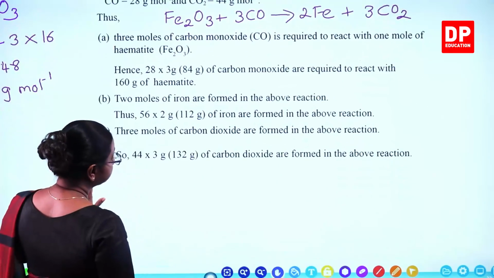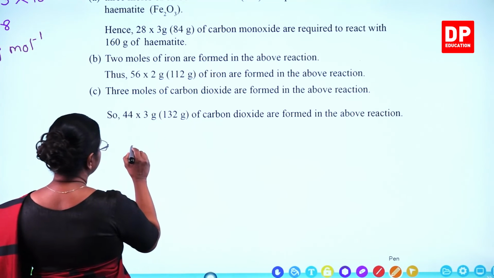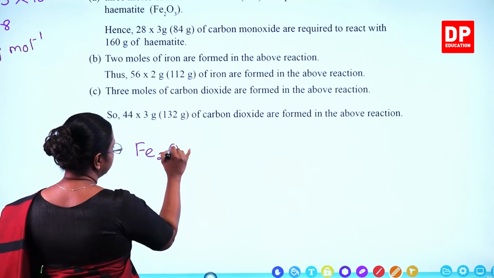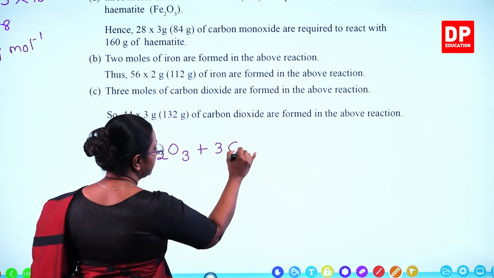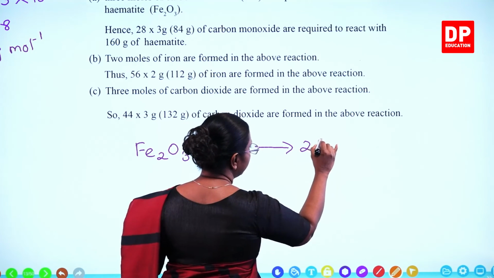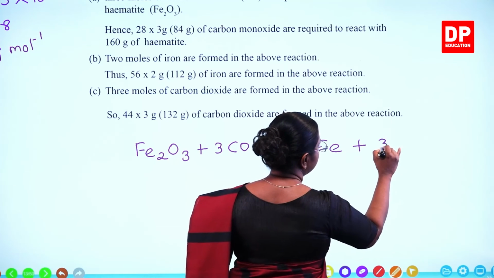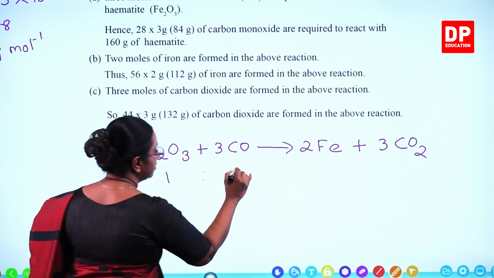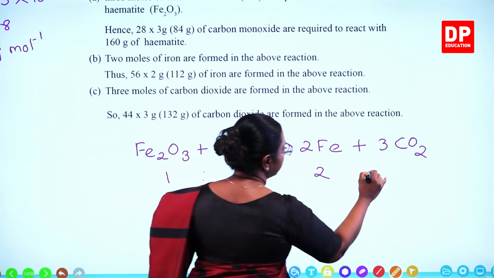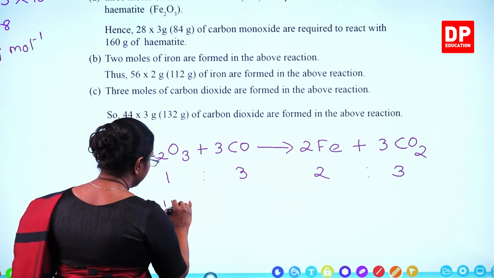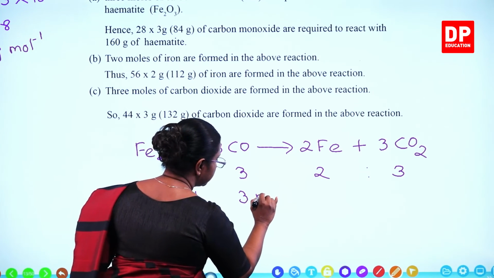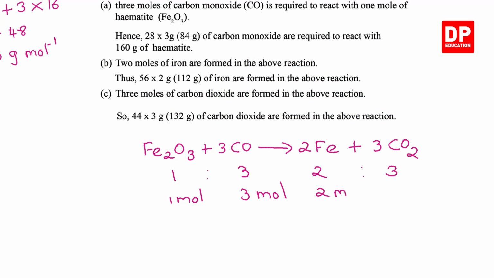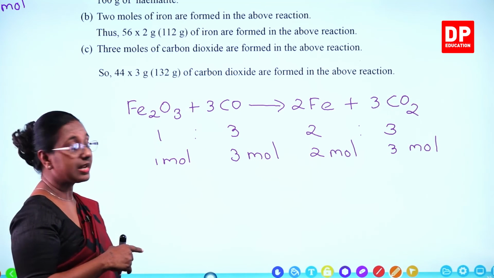Again, if we quickly summarize that, Fe2O3 plus 3 carbon monoxide gives rise to 2 Fe plus 3 CO2. So if you take the ratio, 1:3:2:3, that is 1 mole, 3 moles, 2 moles and 3 moles. We calculated molar mass as 160.